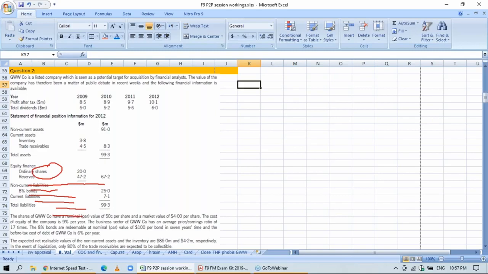First of all, the market capitalization. So the market capitalization is equal to market price of the share, the stock market price, multiplied by the number of shares outstanding.